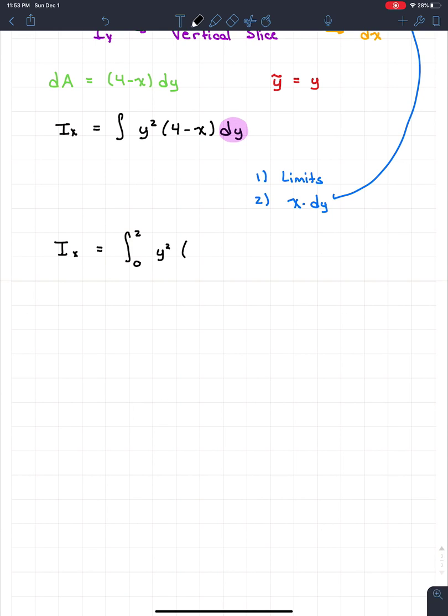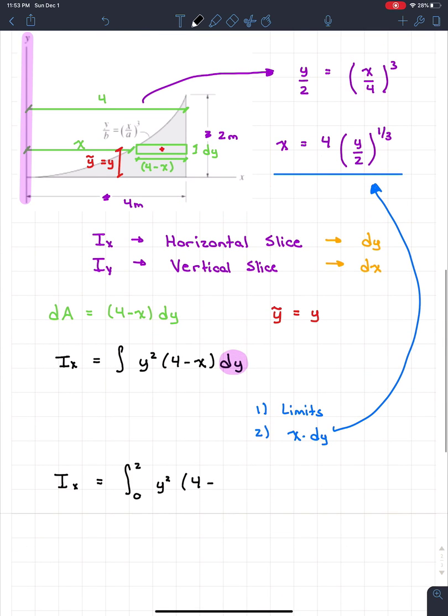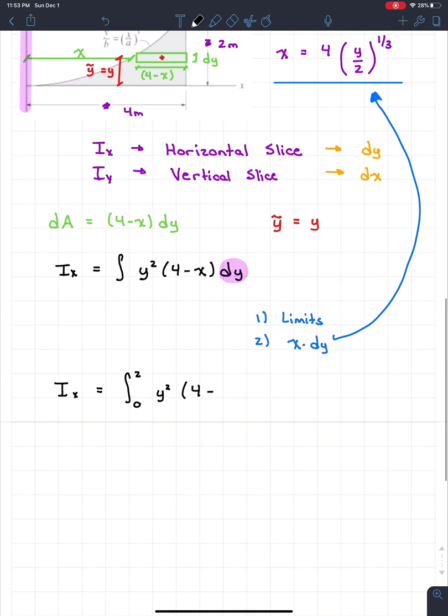And we're going to have 4 minus, and then we have to substitute our formula up here for x. So it's going to be 4 minus (4 minus y over 2) to the 1/3, times dy.